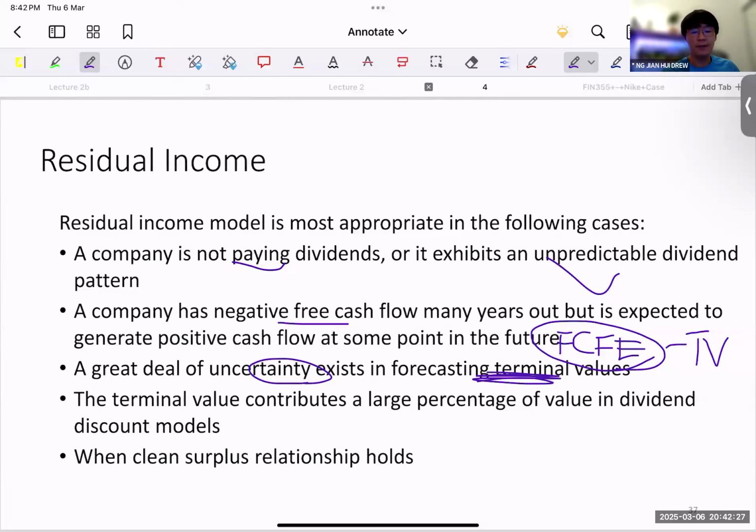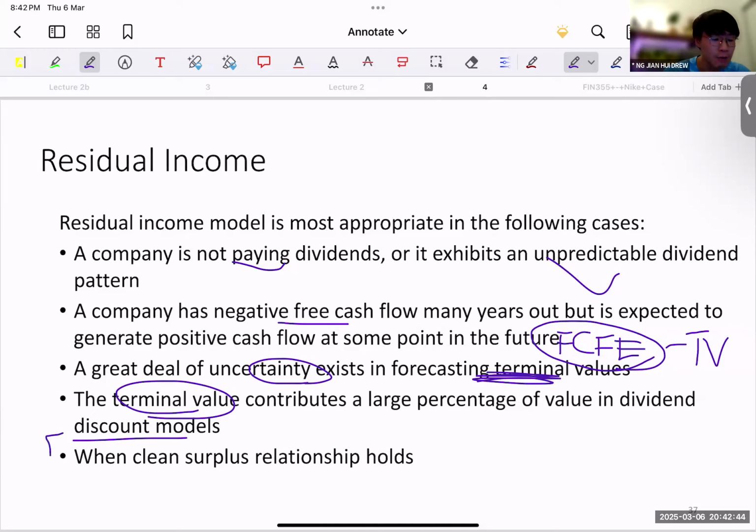So if you have large uncertainty in terms of the future, maybe your residual income model is better. Similarly, a large terminal value is contributed for your DDM model as well.